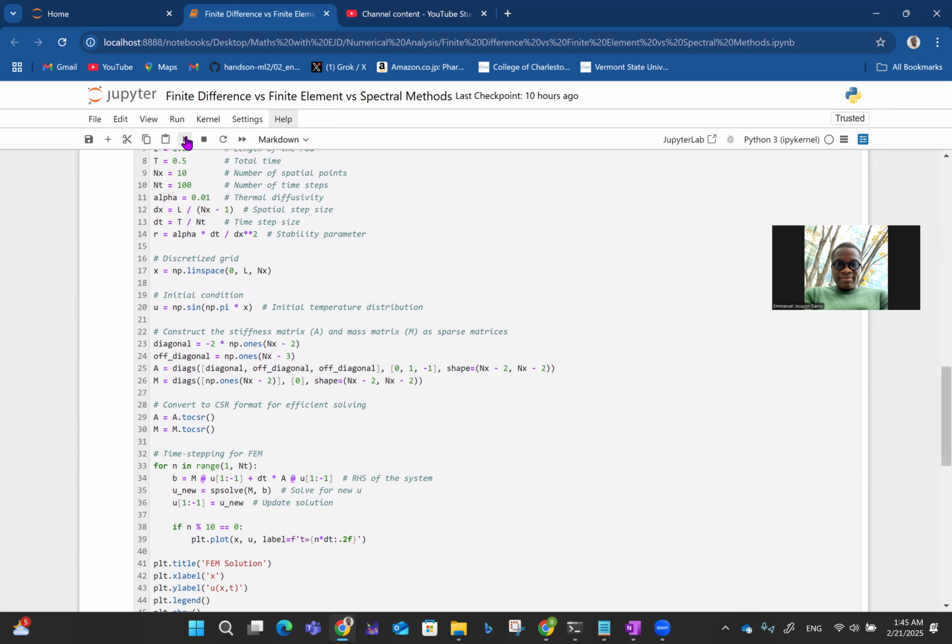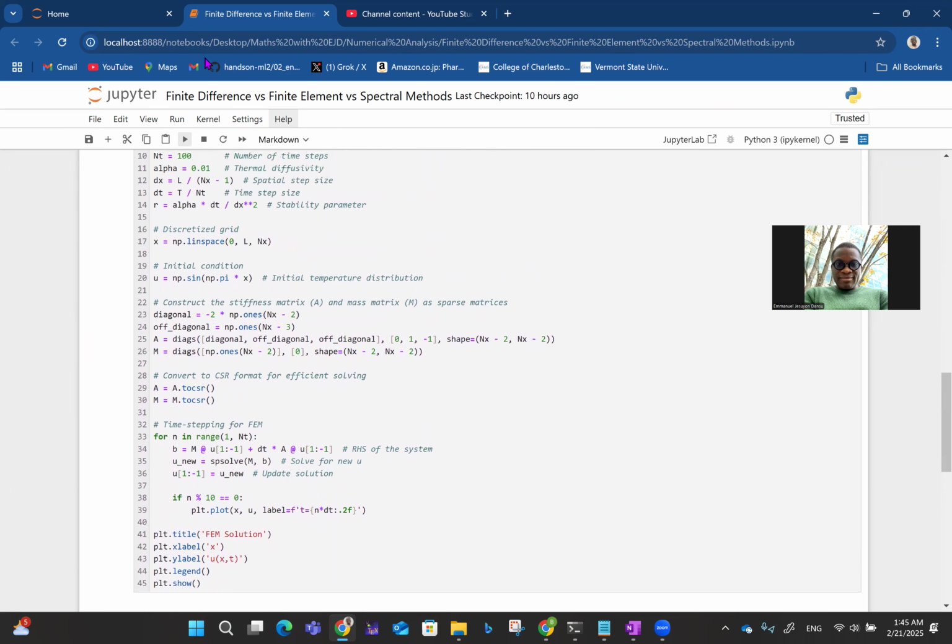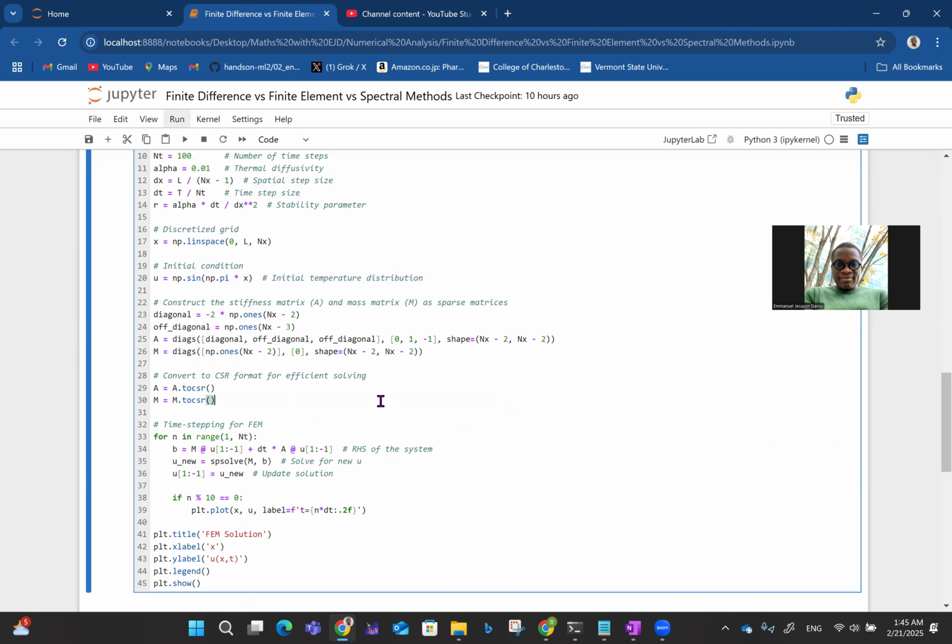Here we need the stability parameter, which is alpha dt over dx squared, for the finite element method. For the main implementation, we now need to construct the stiffness matrix and mass matrix as sparse matrices.